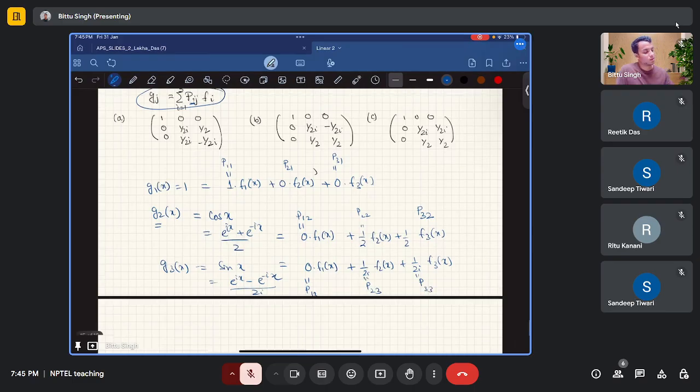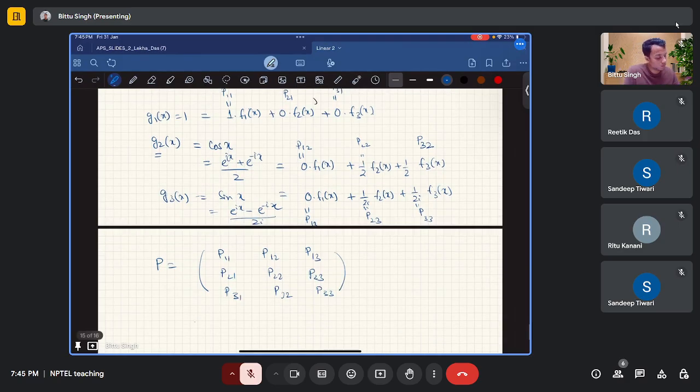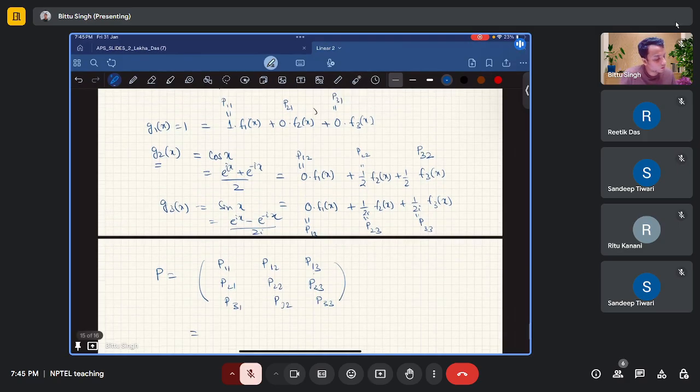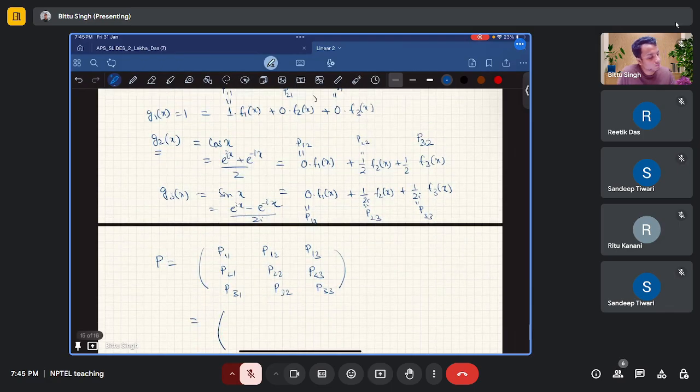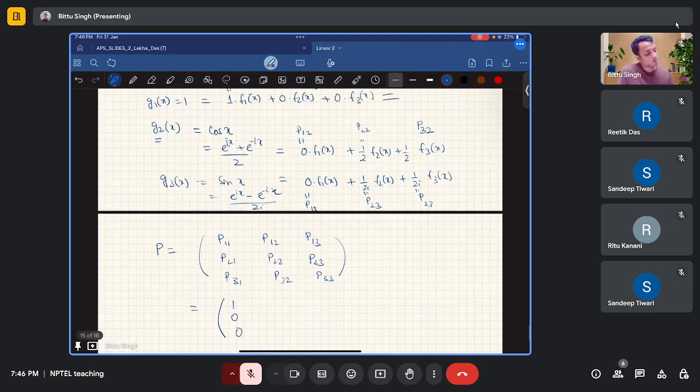So if you write P as this matrix, P11, P12, P13, P21, P22, P23, P31, P32, P33, you can see that from the first equation it will give you the first column, 1, 0, 0.